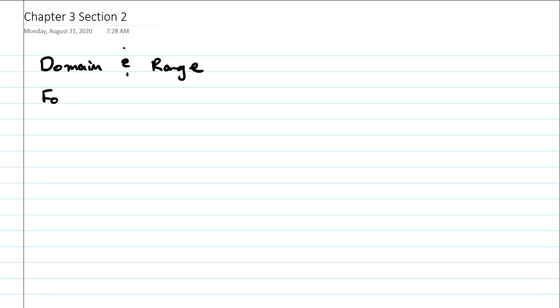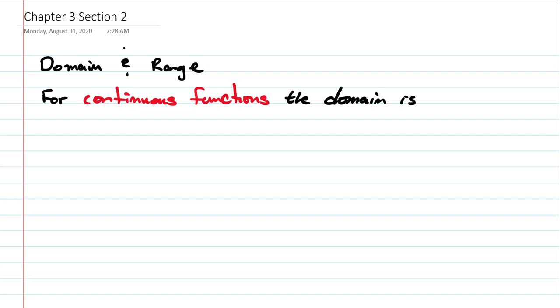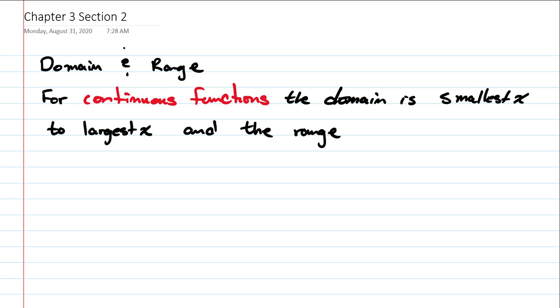So for continuous functions, the domain is smallest x to largest x, and the range is smallest y to largest y.